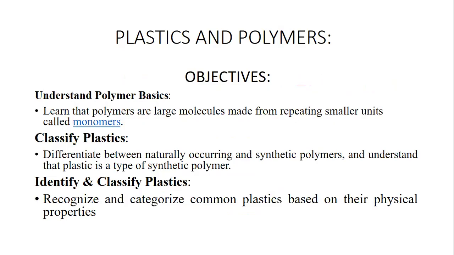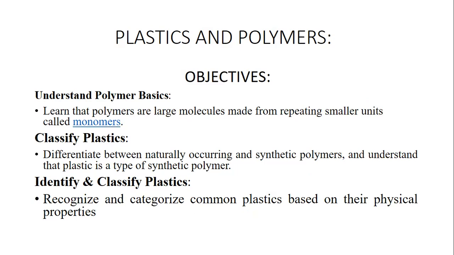Now we shall move on to the topic objectives. The primary aim is to understand the basics of polymer material, learning how polymer materials and their molecular chains are composed.